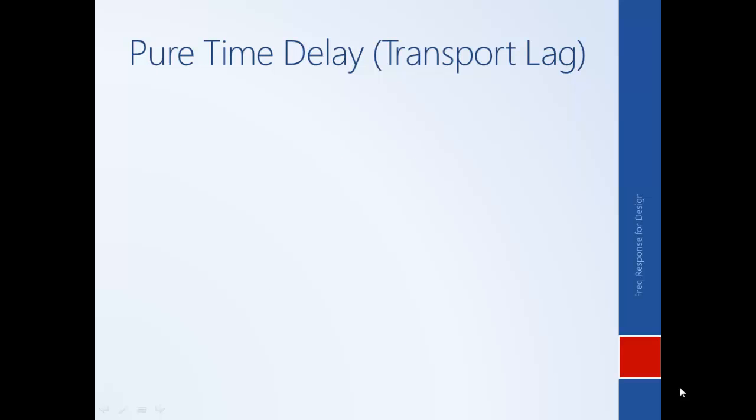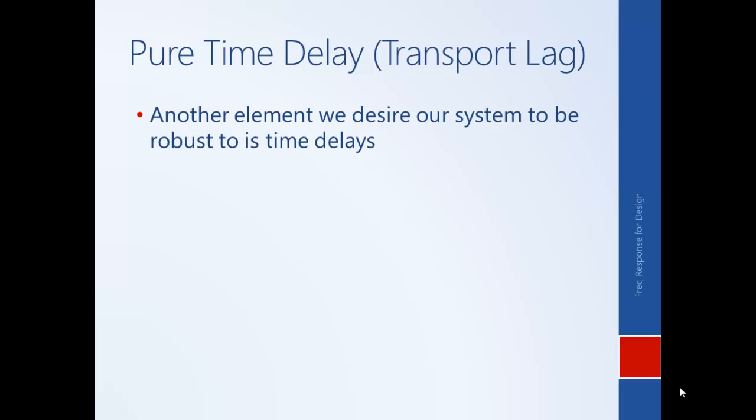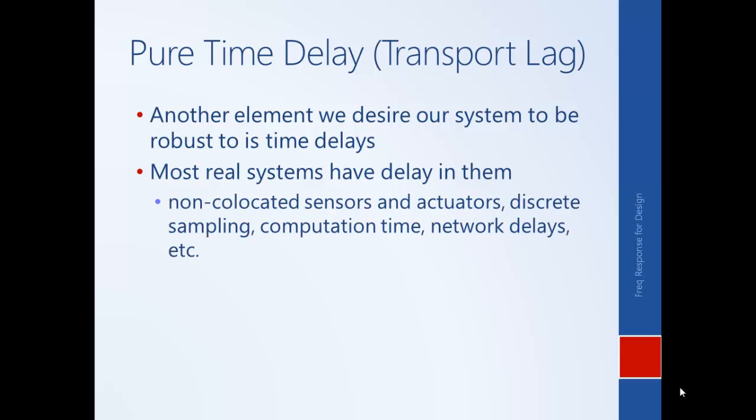In addition to noise and disturbances and model uncertainty, another thing that we wish our system to be robust to is time delays. And so most real systems have delay in them. Examples include when the sensor and the actuator aren't in the same location. For example, you can imagine if you had a sensor in your exhaust, for emissions or whatever, and you're using that sensor to control the engine.